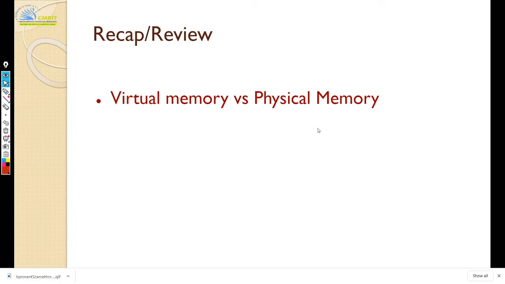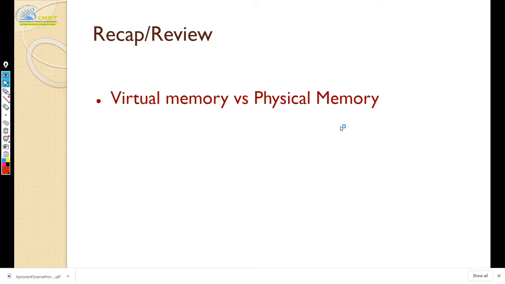In the previous class, we saw what is virtual memory and what is physical memory. To go over it again, virtual memory is making the CPU think that you have more memory than you actually have.